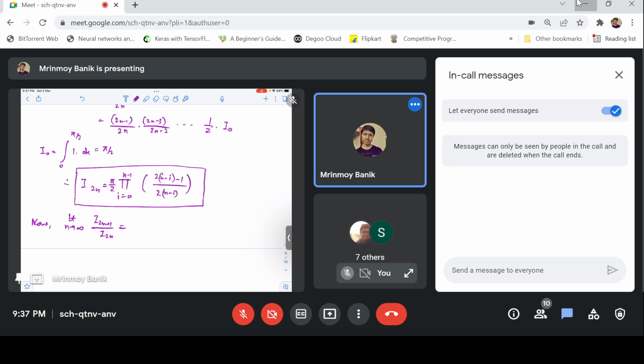I'm reversing it, okay. So this implies (n+1)/n is less than or equal to I_{n-1}/I_n.